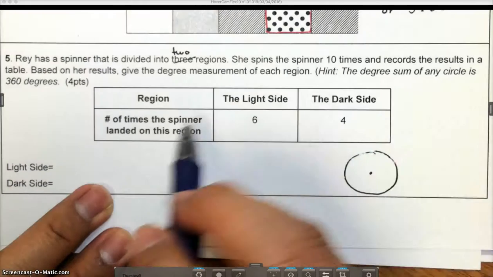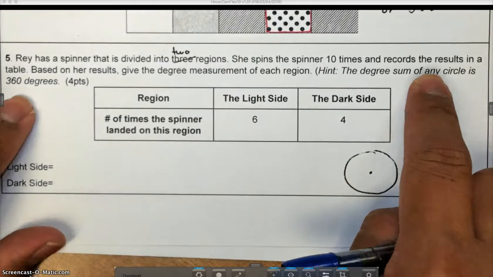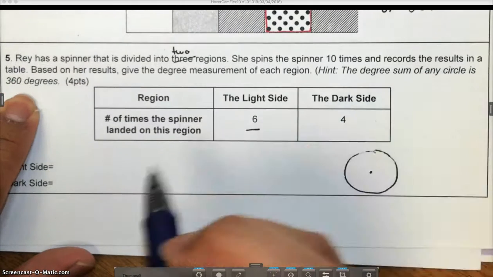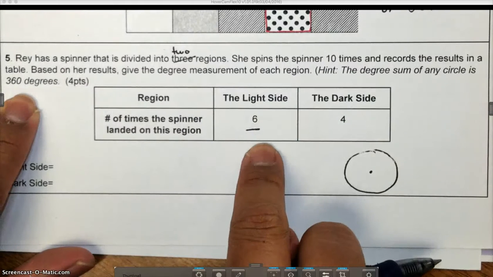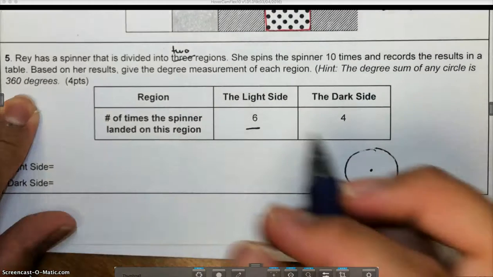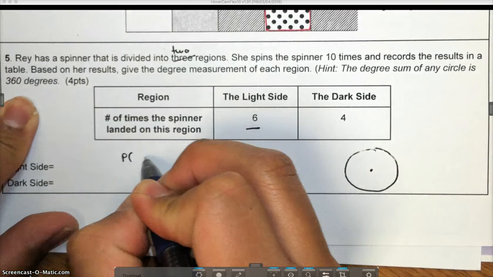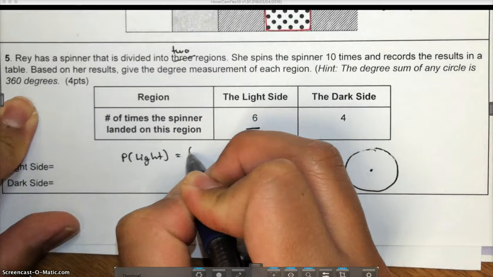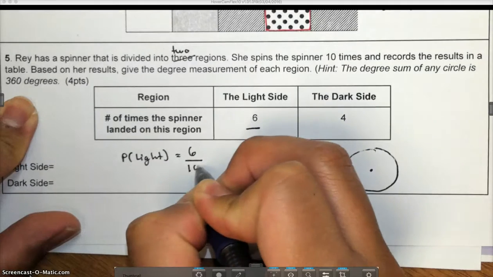Okay, now here it says 360 degrees. Okay, so what I'm going to do is I'm going to find the fraction, sorry, the probability of the light side, the probability of the dark side. So probability of the light side is 6 out of a total of 10.